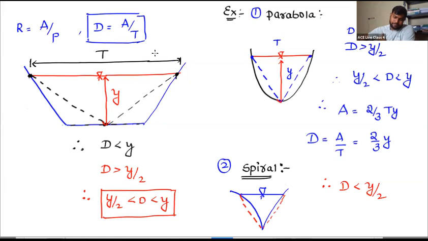If I keep the denominator constant, then the hydraulic depth depends upon the area. And you see here, which one has more area?